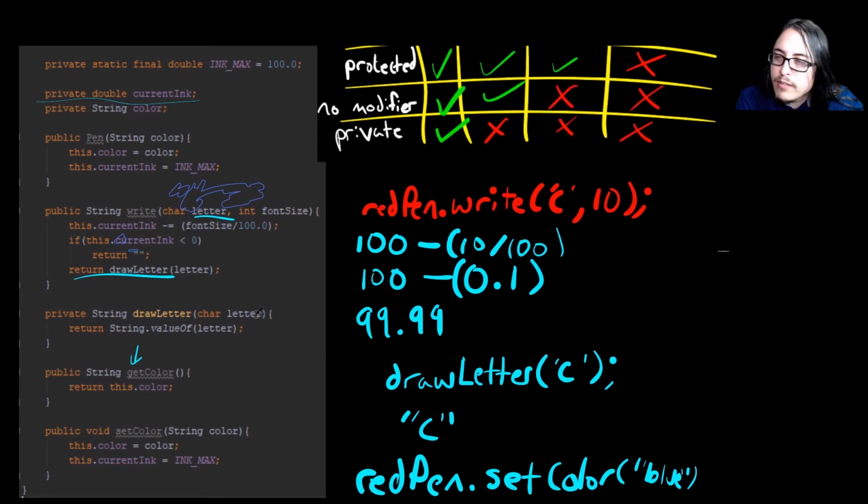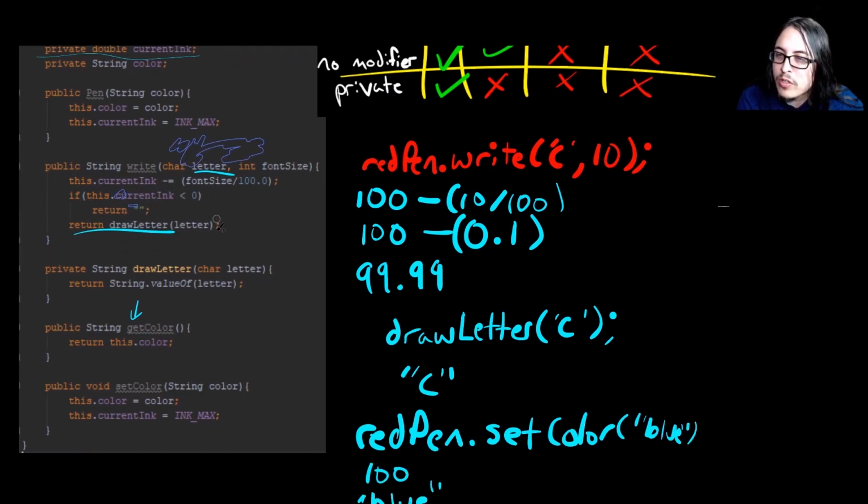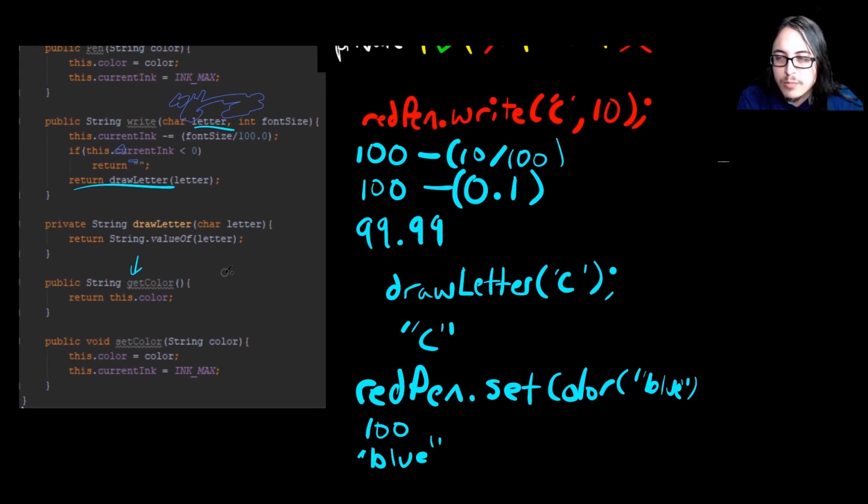I could get a getter for current ink. I just didn't do that. But there's no reason to have a setter for current ink, because if you change the color, that's going to change the ink amount, and if you write, that's going to change the ink amount. So having another way to change the ink amount could mess up the flow, and so you should minimize that as much as possible.